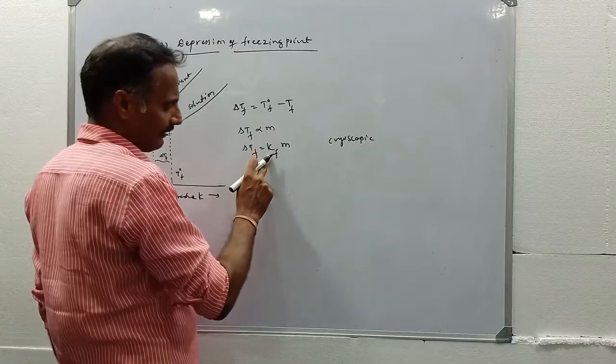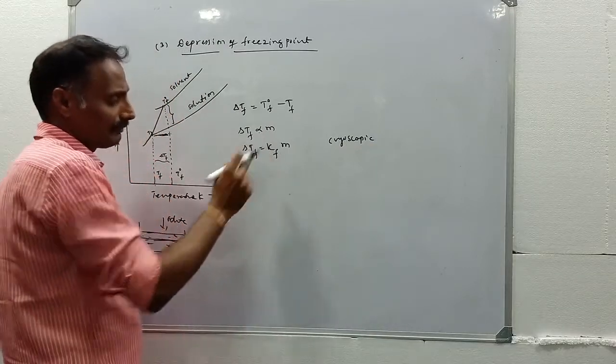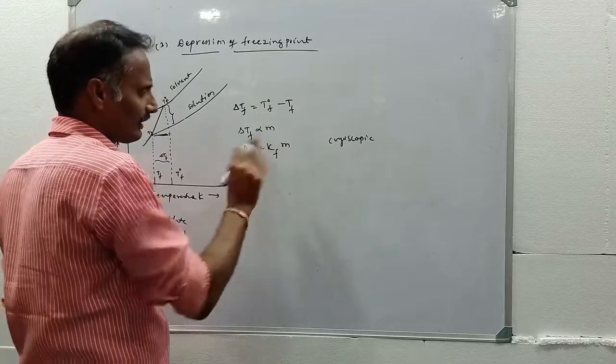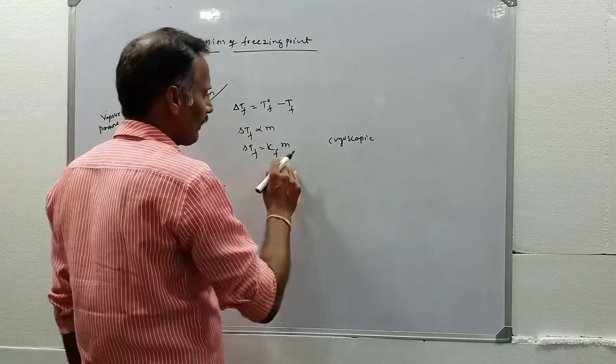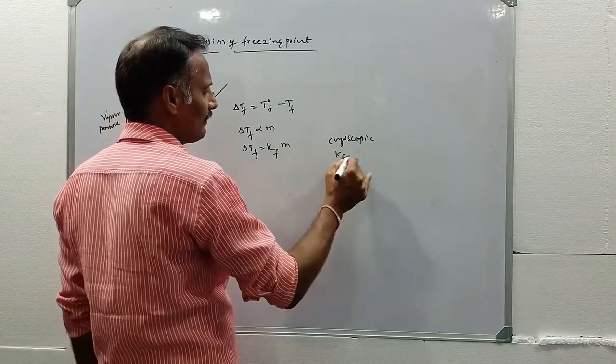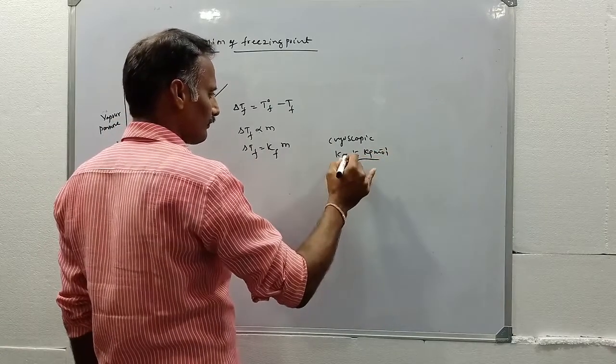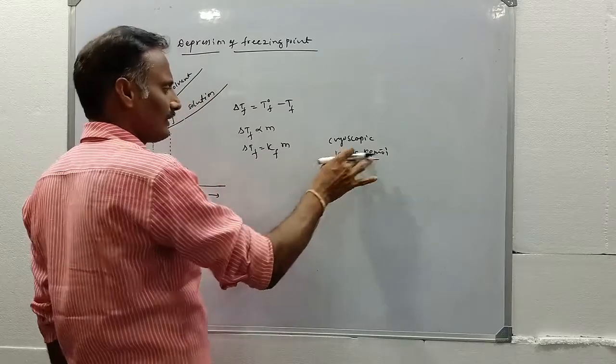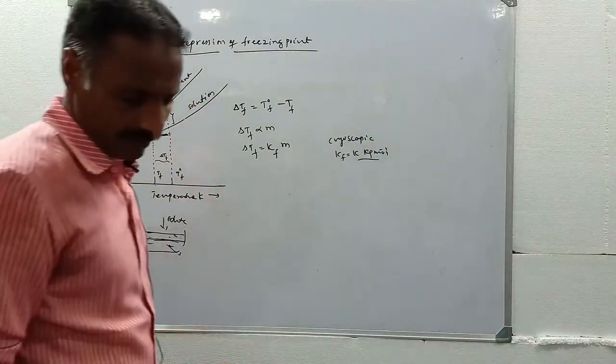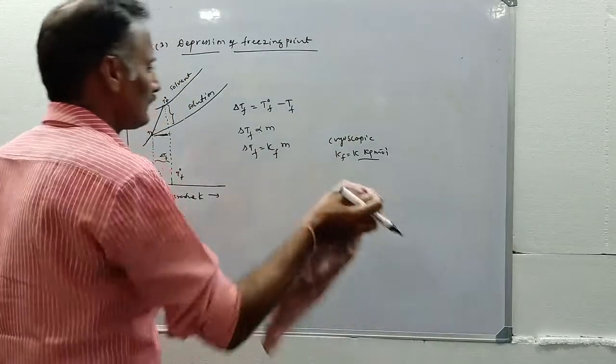Its unit is Kelvin kg per mole, the unit of the cryoscopic constant.